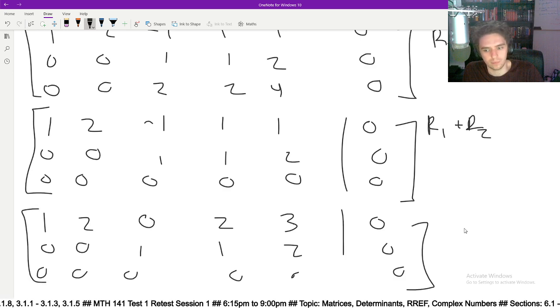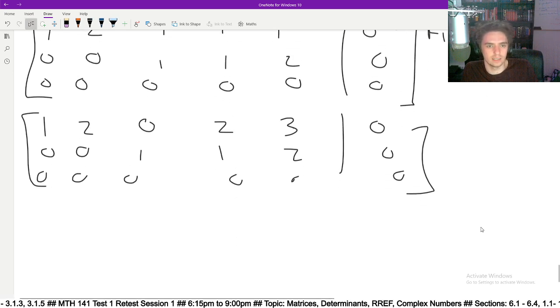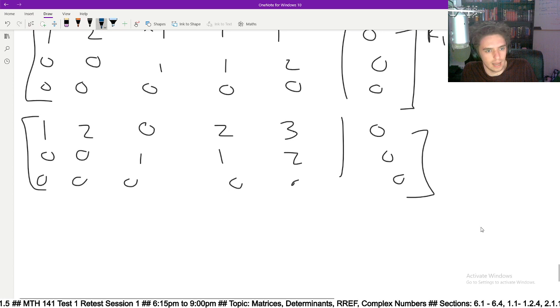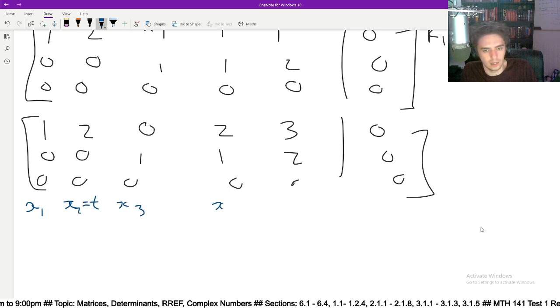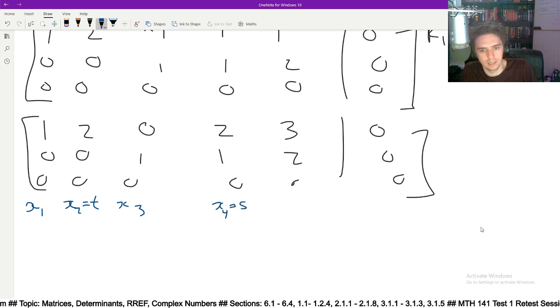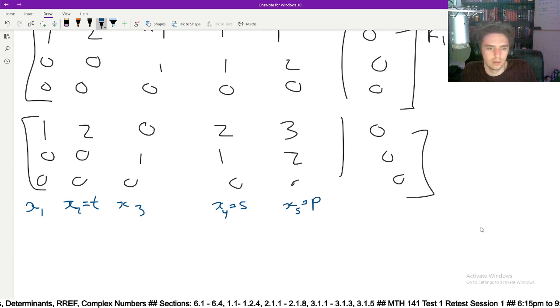Okay. So what this tells us is that x2 equals t, x4 equals q, x5 equals p, right?